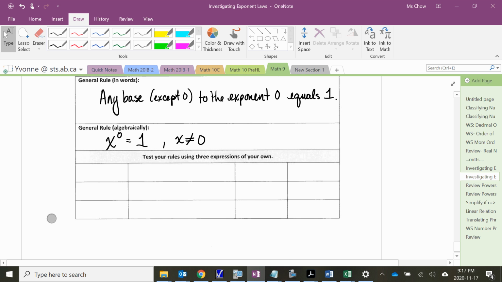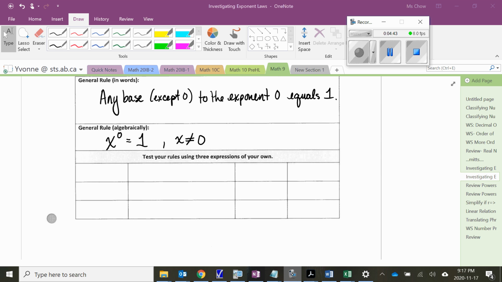Okay, so try that. So I'm going to hit pause again and try verifying your rule with 3 different expressions of your own. And again, see if you can break that rule. Consider, again, what is the base? So throw some variations in. Think back to the notes that we did the other day and in terms of identifying the base.